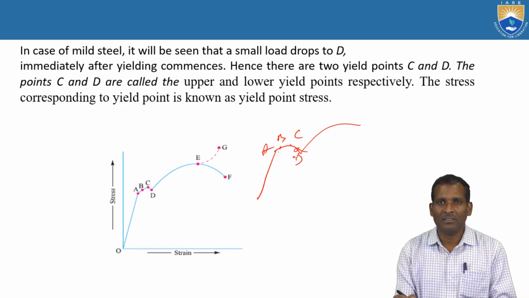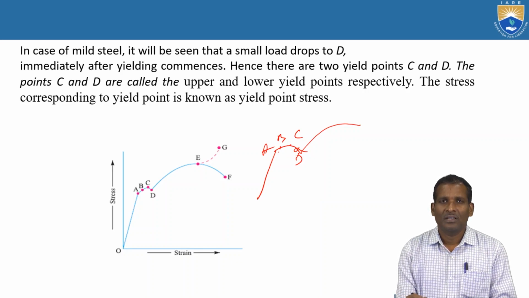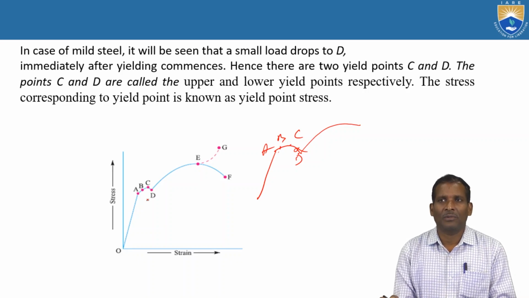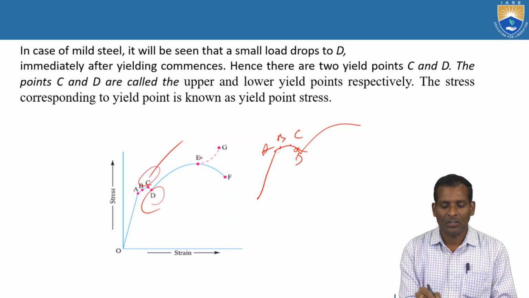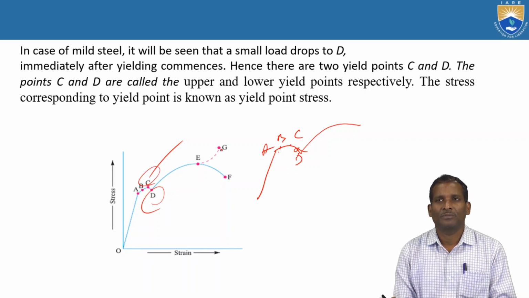So here there are two yield points, one is C and another one is D. The points C and D are called the upper and lower yield points respectively. So this one is the upper point and D is the lower point.